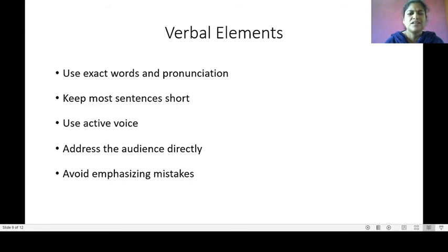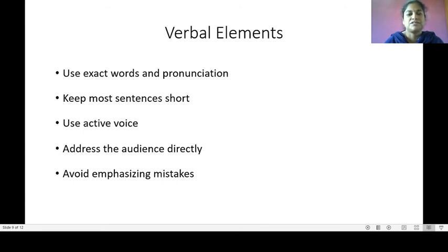Try to use exact words, simple words. Here comes the audience analysis. Once you know who the audience are, our language also depends upon that, right? So use exact words and pronunciation. This is very important. Try to pronounce the words correctly.